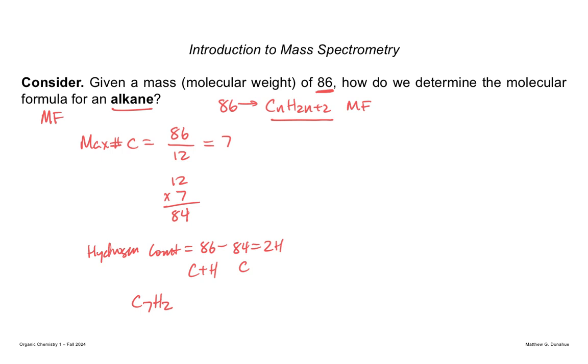So at 7 carbons, we see there's not enough hydrogens, so we're going to remove 1. So 7 minus 1 equals 6. Now 6 is the max number of carbons.